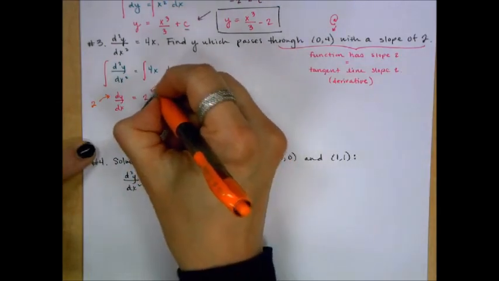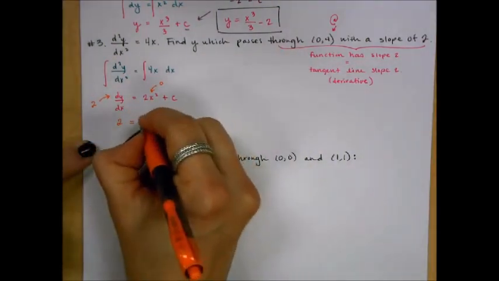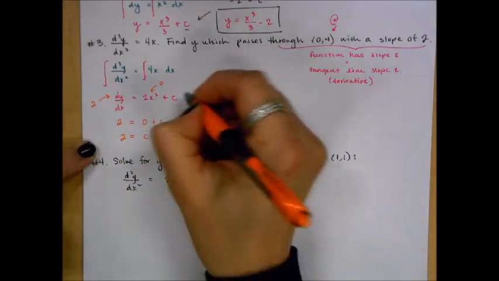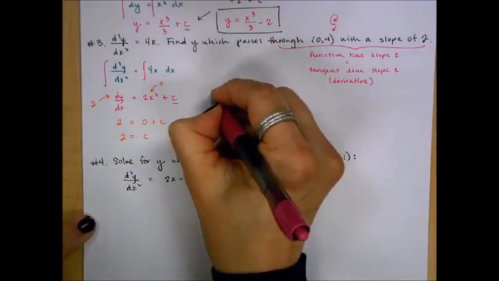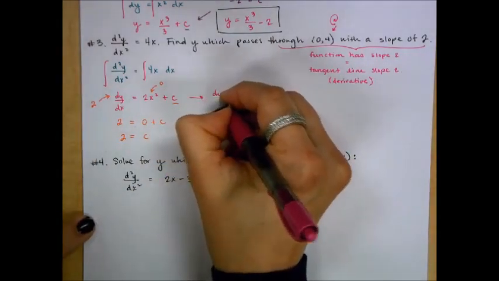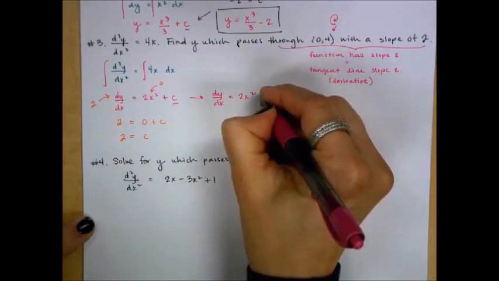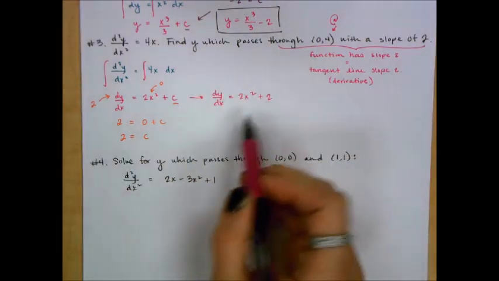Using those values, we have 2 equals 0 plus c. So c is 2. We'll plug that back in here and write our first derivative's equation. So I have now dy dx equals 2x squared plus 2. And to integrate back to y, we'll separate our variables.